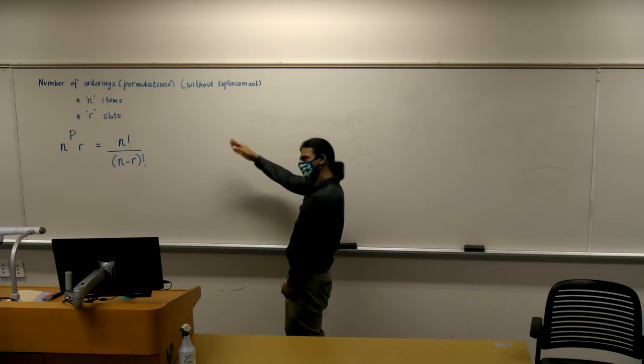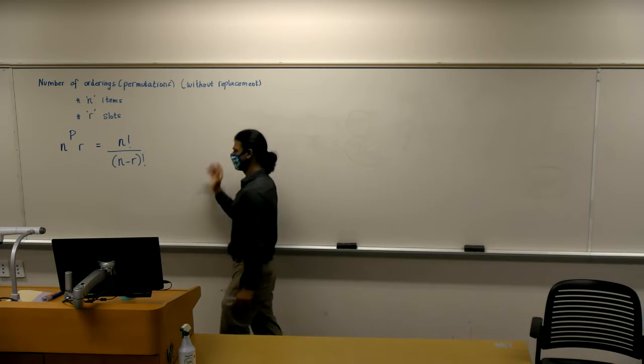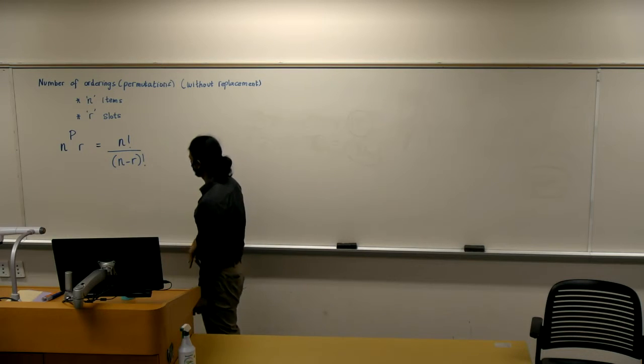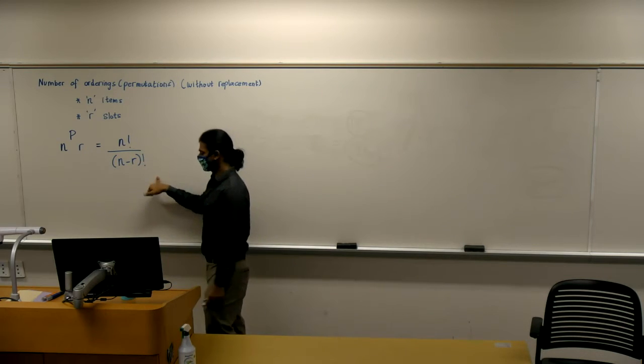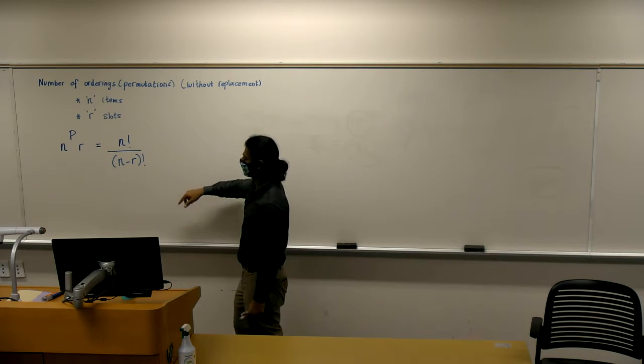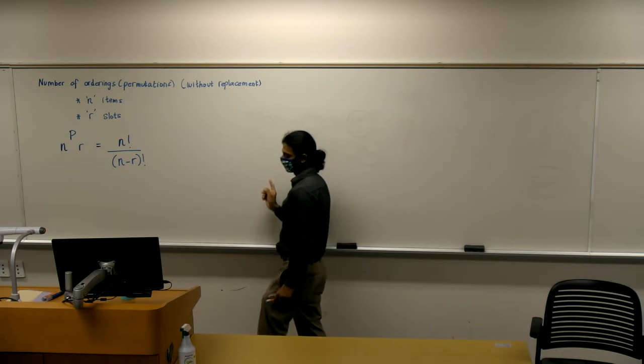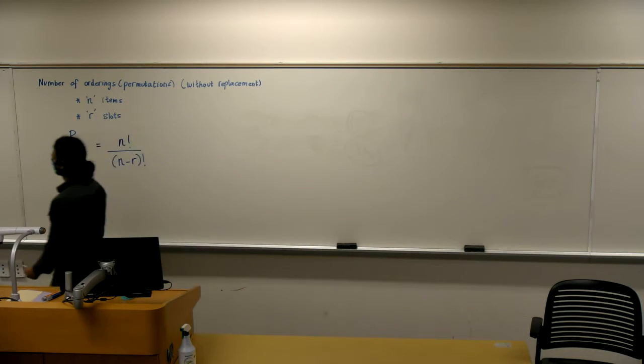So if you keep on going, it'll be the n minus r plus 1 position. If you divide these two, it is going to tell us the number of orderings that are possible if you have n items and you want to put them in r slots without replacement.